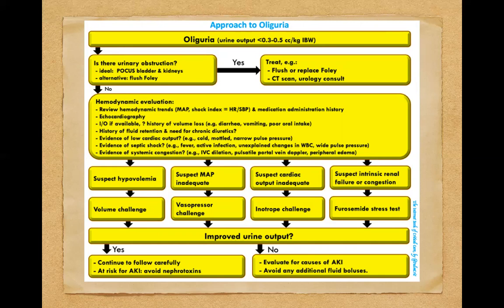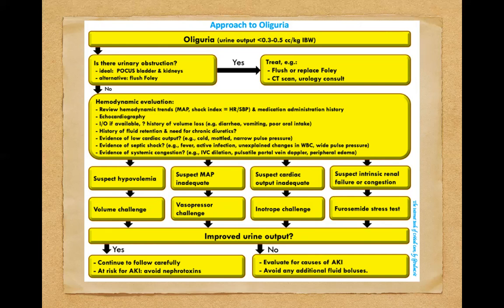If they don't have any obstruction, then you can start looking at their hemodynamics, and you can look for certain causes of shock. And based on that, you can see, are they hypovolemic? You can try and give them a fluid challenge. If they have a MAP that is inadequate, you can try and give them a vasopressor, like your norepinephrine or your vasopressin.